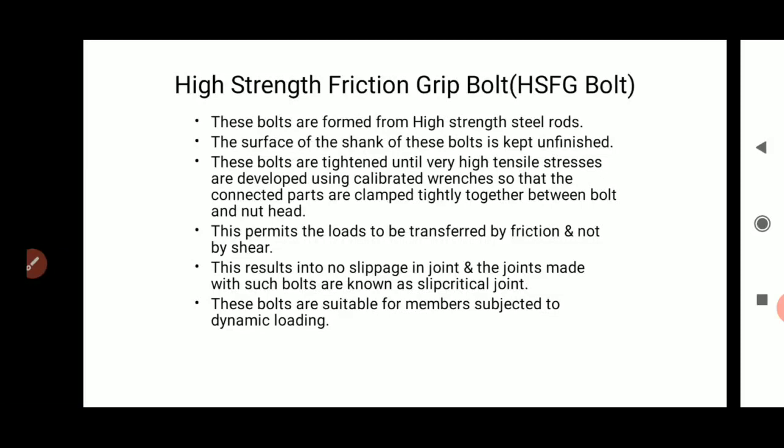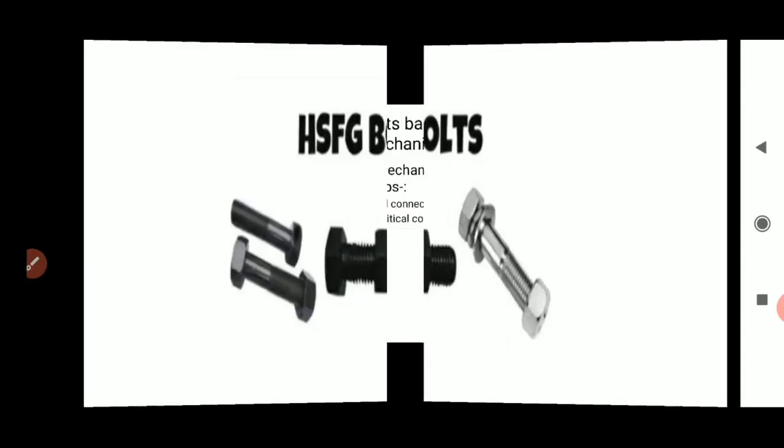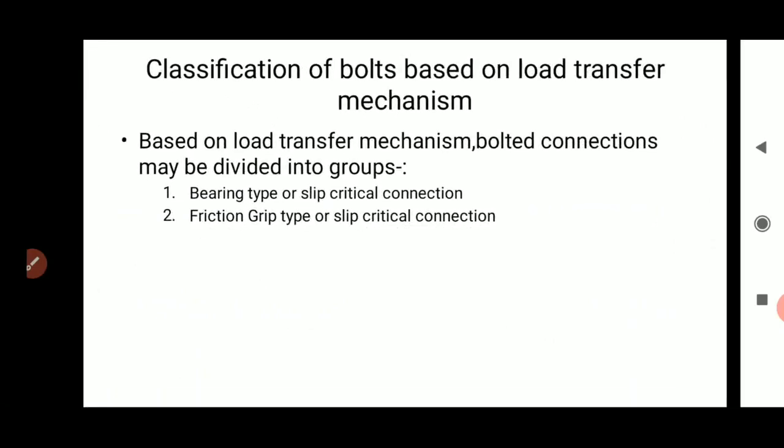Here you can see some HSFG bolts. Next we will see classification of bolts based on load transfer mechanism. Based on load transfer mechanism, bolted connections are of two types.